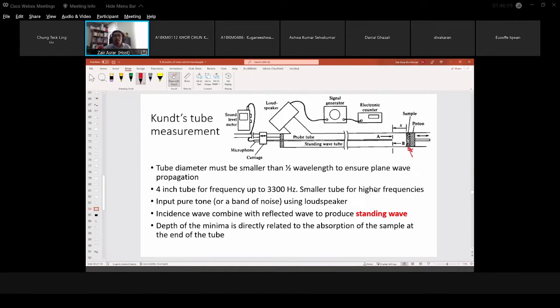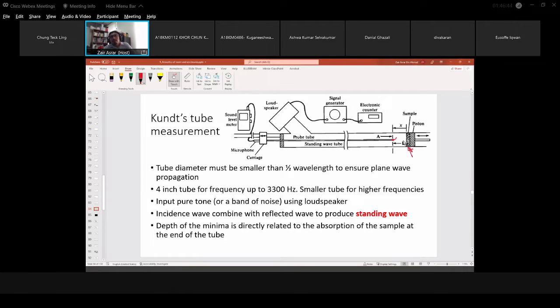Basically we have a region whereby the amplitude is maximum and minimum. We'll be moving this probe tube. At the end of the probe tube we have a microphone, and along this tube we have an opening here, so the sound will go inside the tube and can be measured using this microphone.